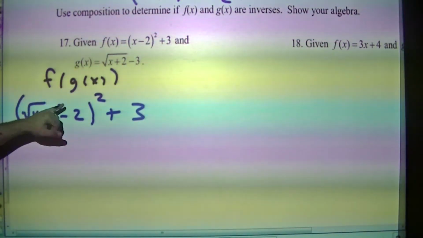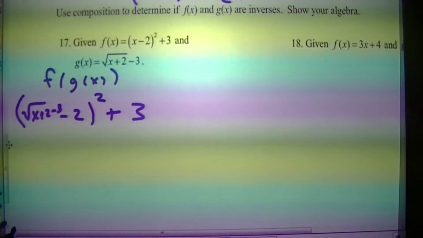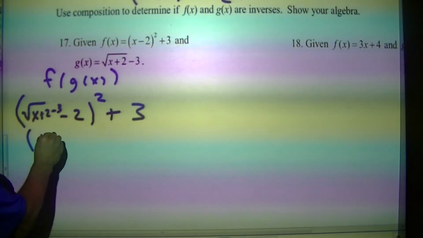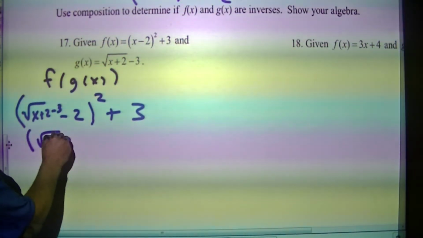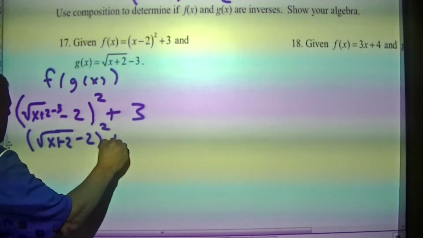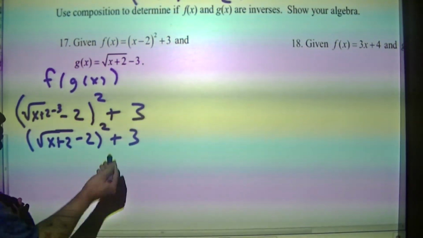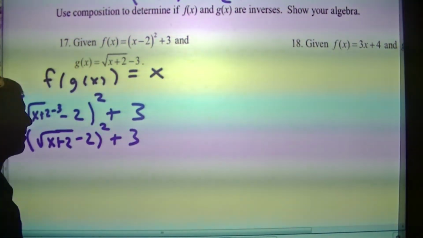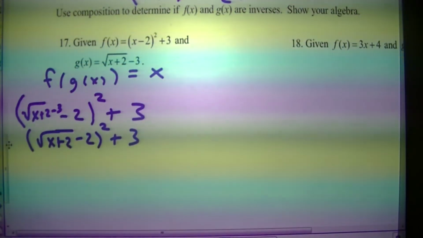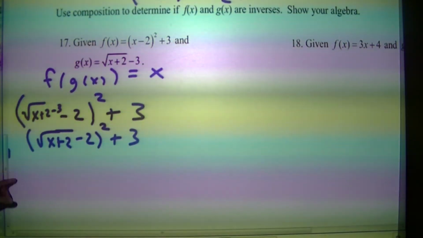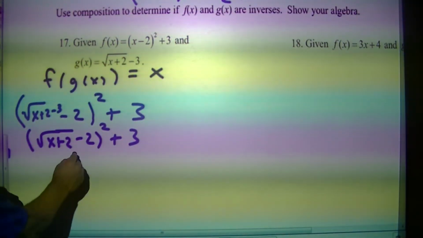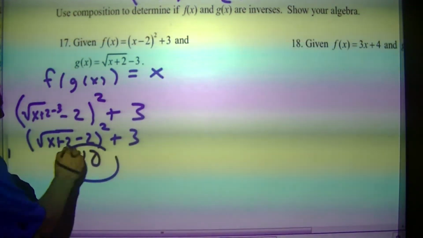If you square that, that's going to basically be (square root of x + 2 - 2) squared, plus 3. The goal is this should equal x. The fact of the matter is, it does not equal x, so that one is going to be no.